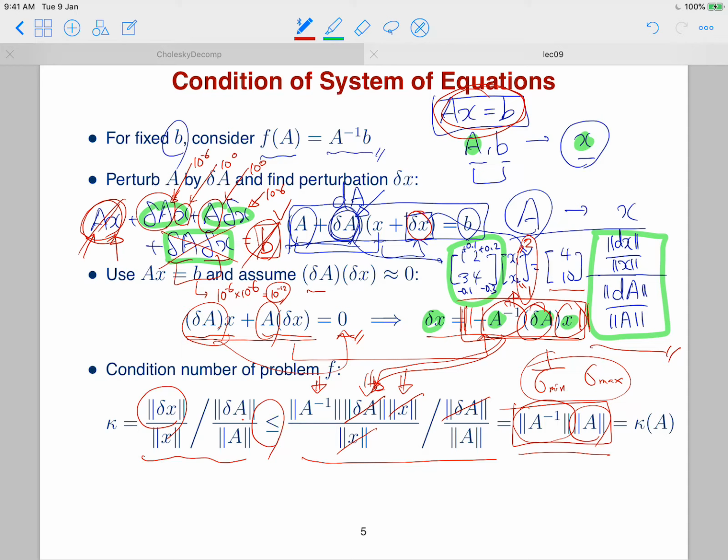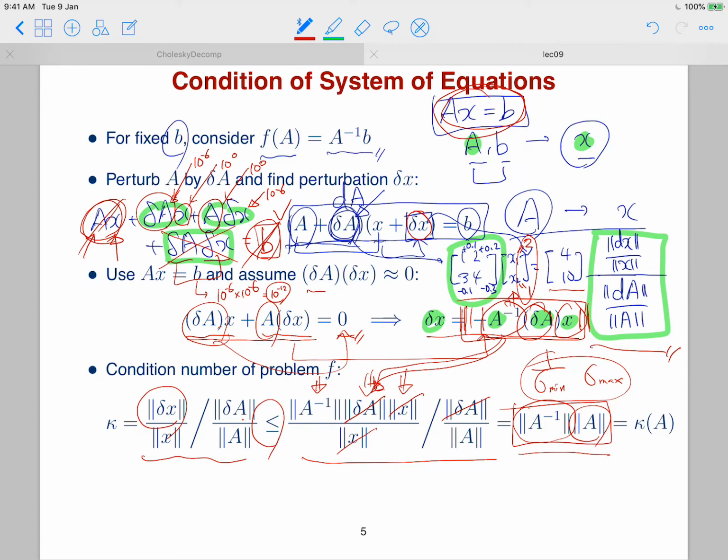Although I didn't give particular examples, you can just think of it as a bad thing to have a large condition number, or a large gap between these two.